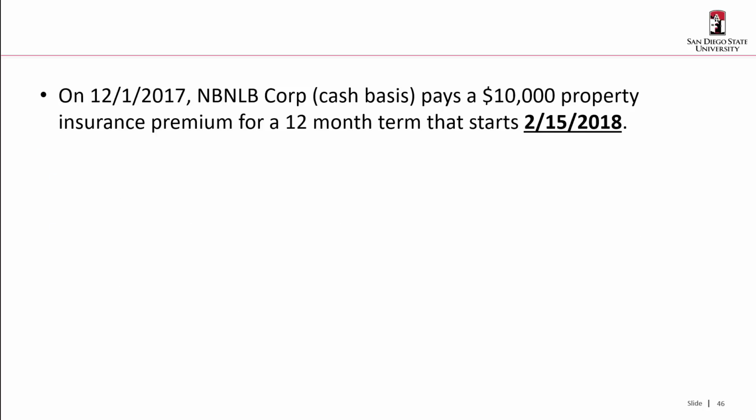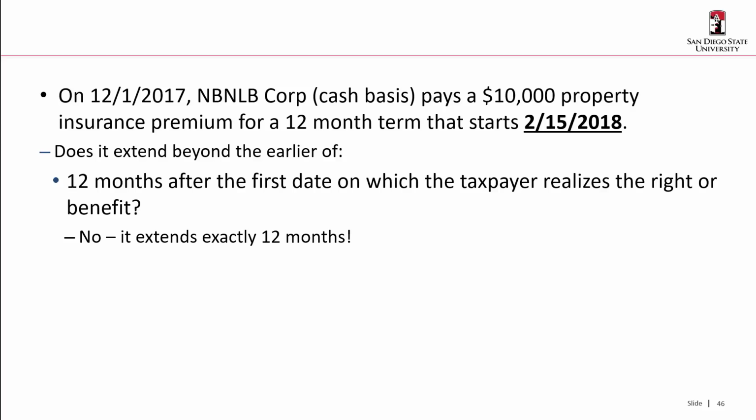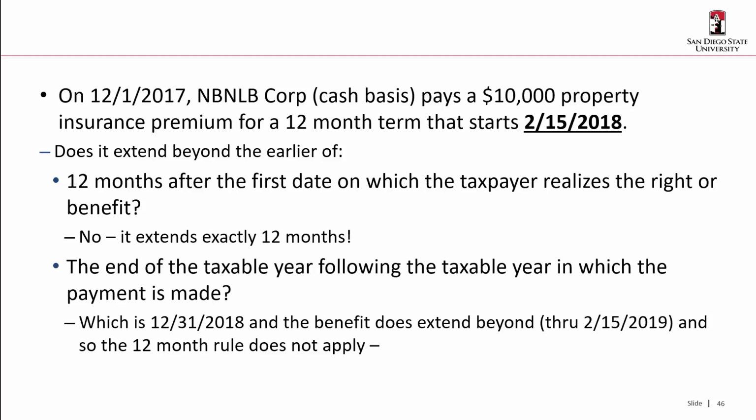All right, let's change that example in only a slight way. So again, here we are in December of 2017, and we're going to pay it. But the insurance benefit period, the policy period, starts February 15th of 2018. So first, do we meet the first rule, right? Same thing. It's a 12-month policy, so we meet the first one. However, now the benefit period does extend beyond the end of 12/31/2018.